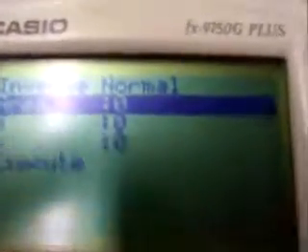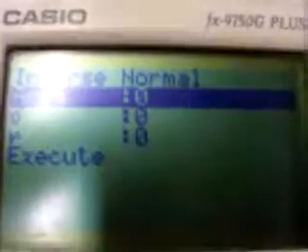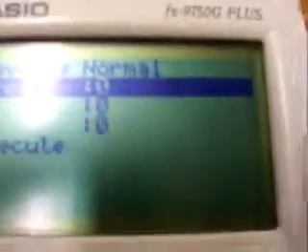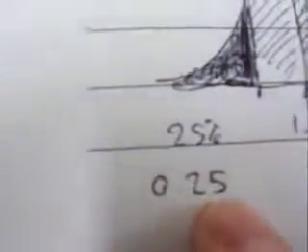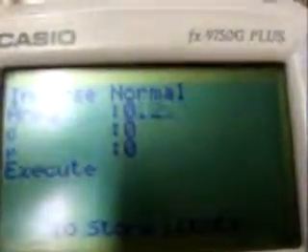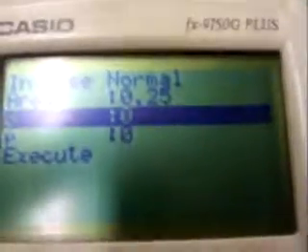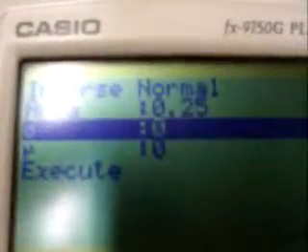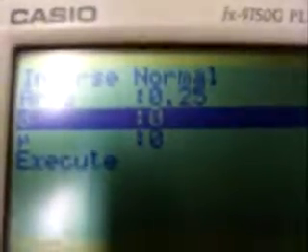So this is inverse normal, and what you need here is an area. We're trying to work out this area here as a decimal. It's 0.25. You just enter that in. So 0.25 EXE, and standard deviation, that sigma symbol with a little dash above a 0.